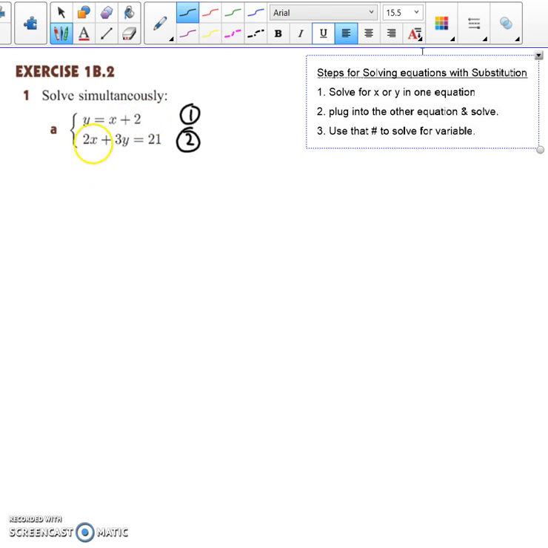So what we do with this one, you bring this second equation down. So you have 2x plus 3, but instead of putting the y, we now take these values, because y is equal to x plus 2. So in a bracket, x plus 2, is equal to 21. We've got the 2x we already had.